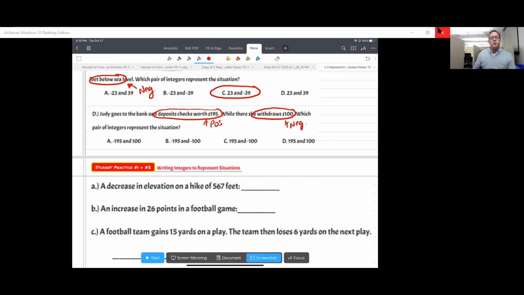All right, so I'm looking for an example there. I'm looking for numbers that make negative 100, withdrawing $100, and positive 195. And the only example that shows that is C again. Yeah, C always works, doesn't it?